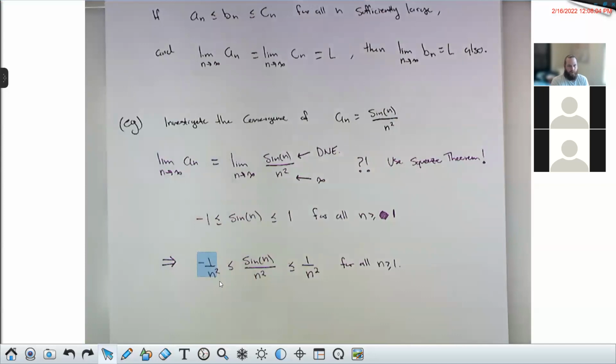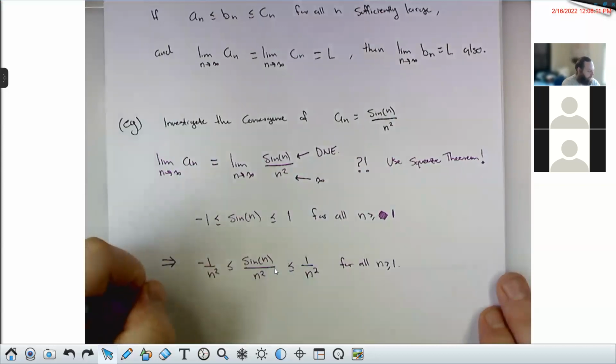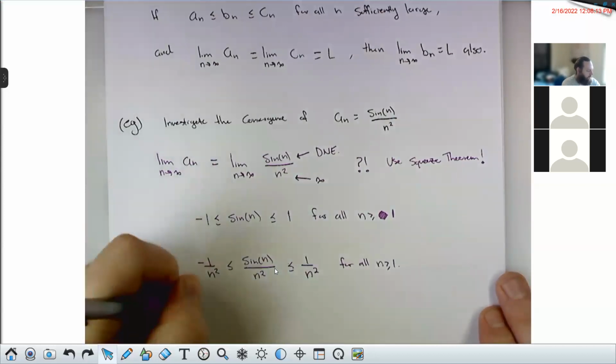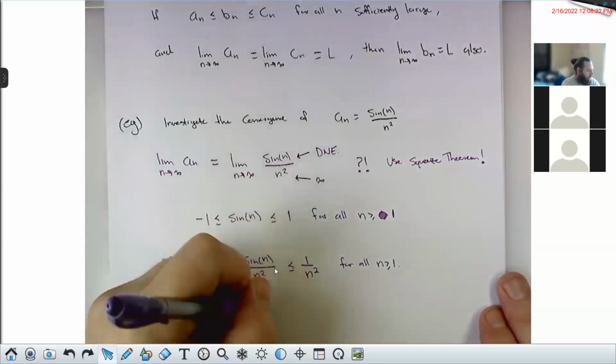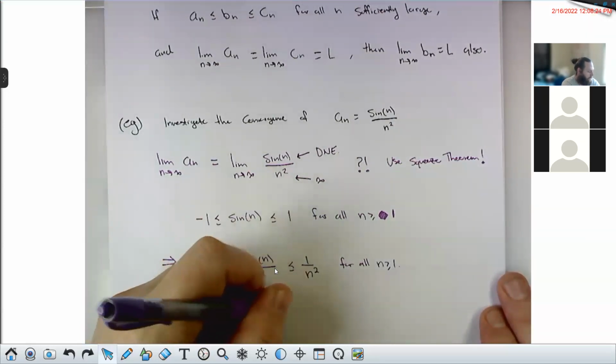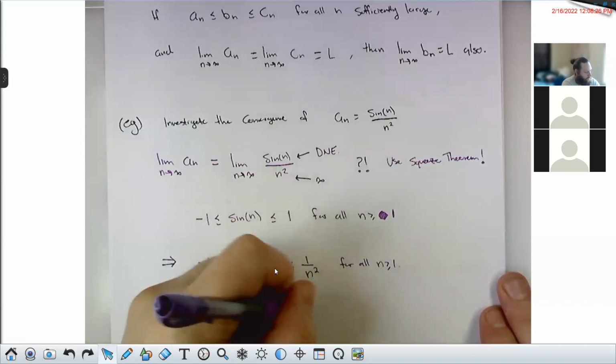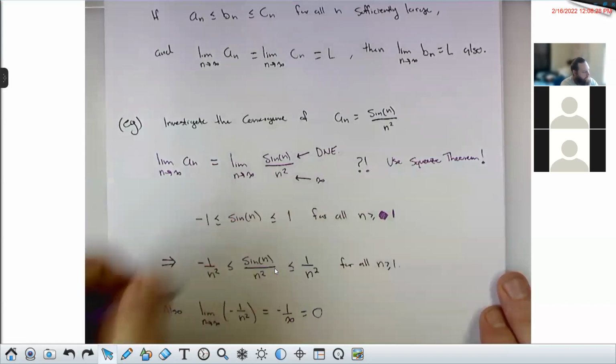So now this guy and this guy, can I tell what their limits are? The limit as n goes to infinity of -1 over n squared is -1 over infinity, which is certainly 0.